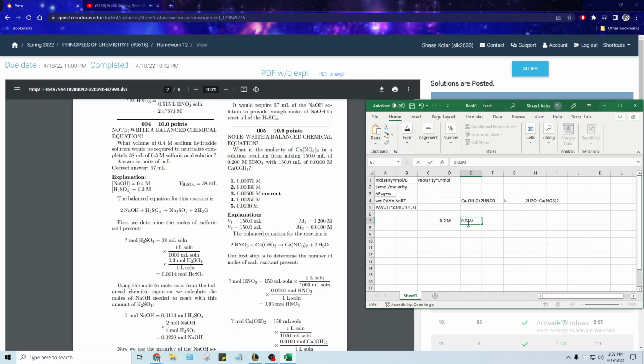This is 20 times less. This is going to limit the reaction. So we don't even have to look at nitric acid. All we need to look at is our calcium hydroxide. So we have 0.01 M.